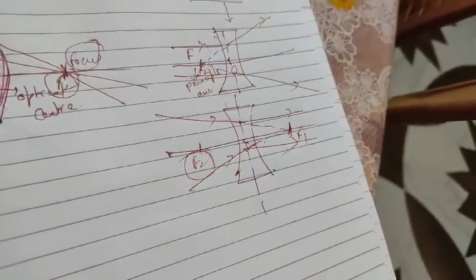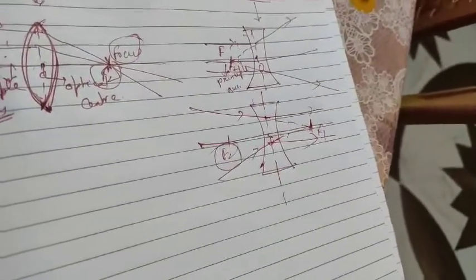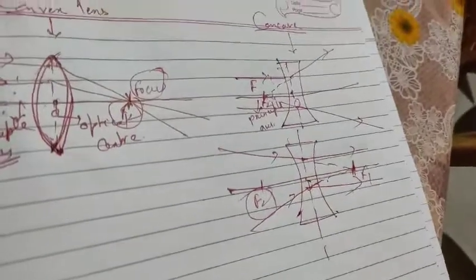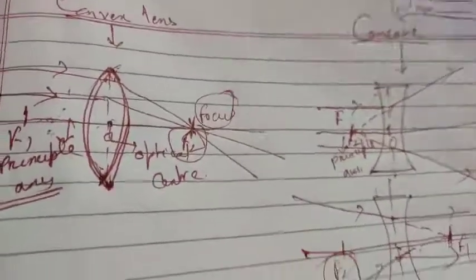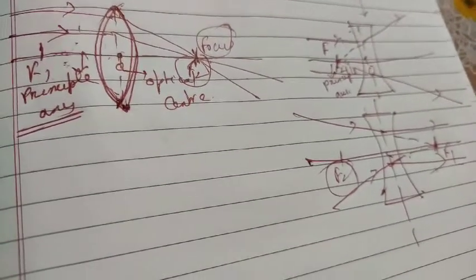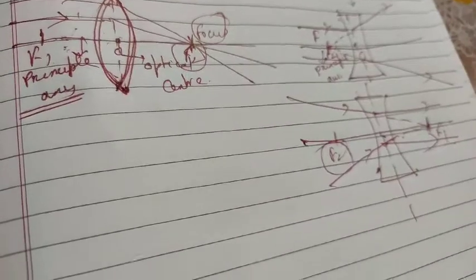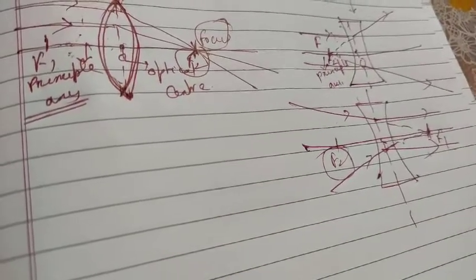Now we will move to a different concept, student. If you want to understand the basic concept of concave and convex lens, I can tell you that convex lens is thick in the middle and thin at the outer edge. But if you touch the concave lens, what you will see?